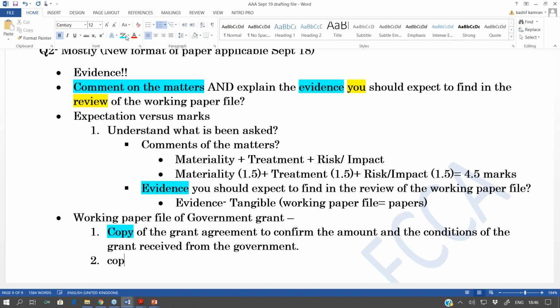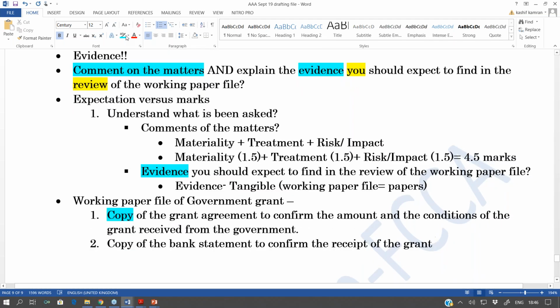So copy of the bank statement to confirm the receipt of the grant, or the cash book. But can you understand why we are putting the word copy? Is everyone clear on that?